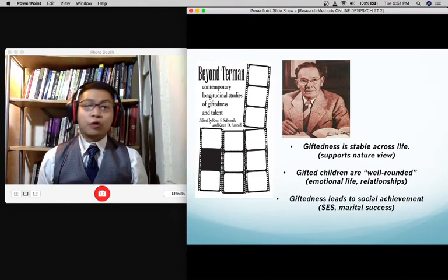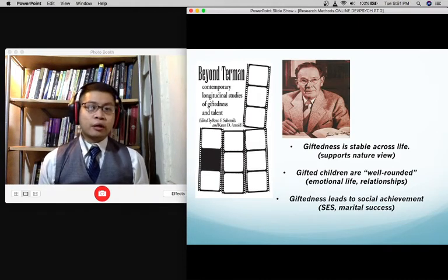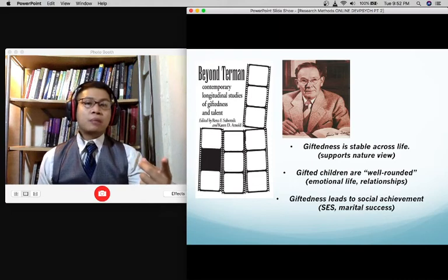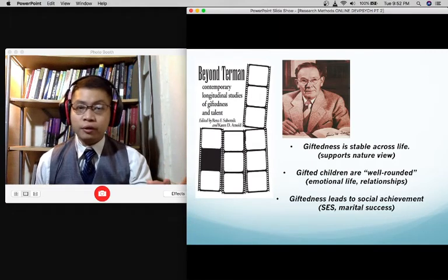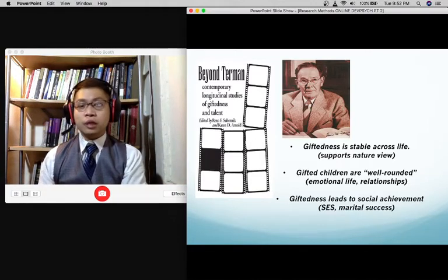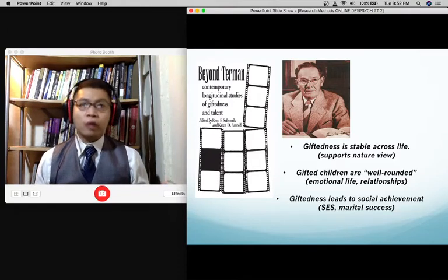Second bullet, according to his longitudinal research, gifted children are well-rounded. Because during those times, people had a stereotype of gifted children as sickly, mga ano raw sila, mga bookworms, mga nerd, that they don't have social life. Pero based on what Thurman found out, he discovered that gifted children are very well-rounded people.